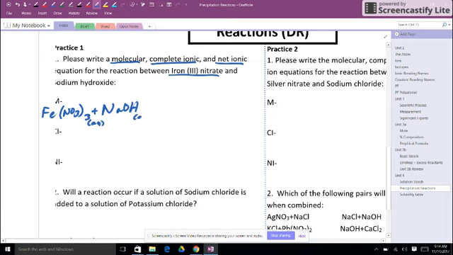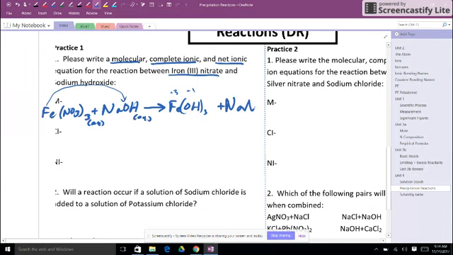These would both be aqueous because it told us we're dealing with solutions. Now, what are our products going to be here? Let's switch these up. So the iron will go with the OH, so we get FeOH, except the Fe is a plus 3 and the OH is a minus 1, so I guess it would be Fe(OH)3. And then my other product would be my NaNO3.